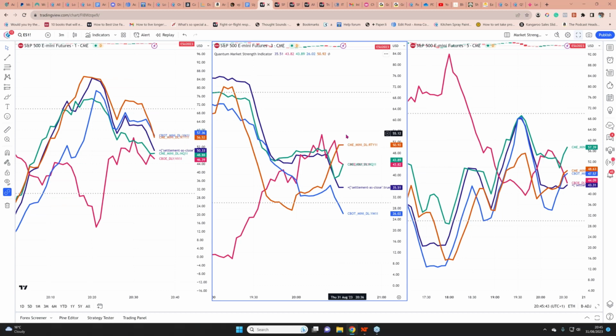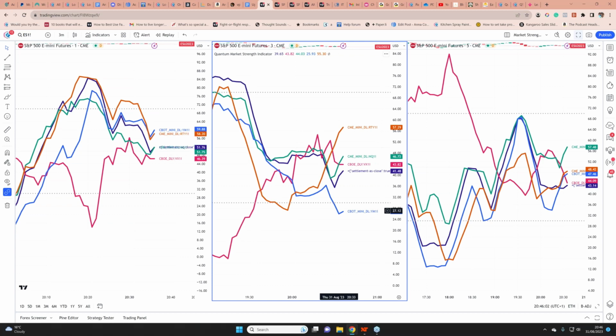It's just flicking up. But the YM here, this blue line, that is actually falling. So we have some divergence. Now, it may not be significant divergence, but nevertheless, it's nice to know that we are seeing that nice and early on this particular indicator.